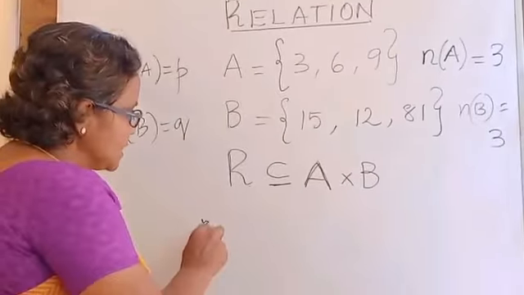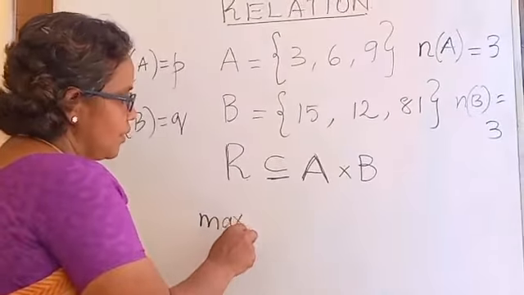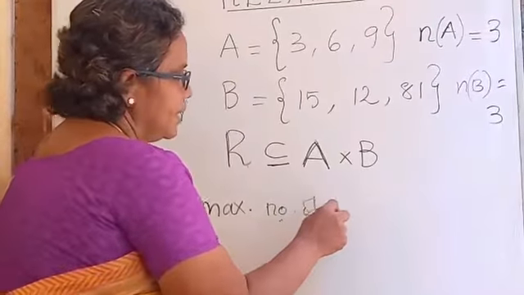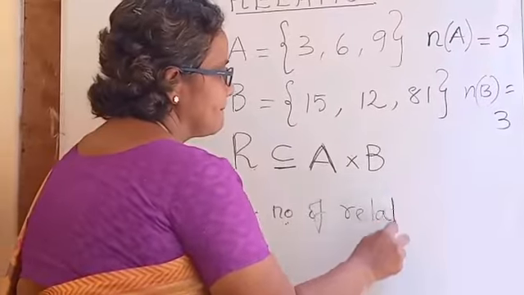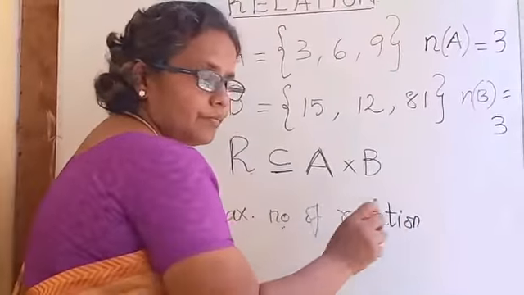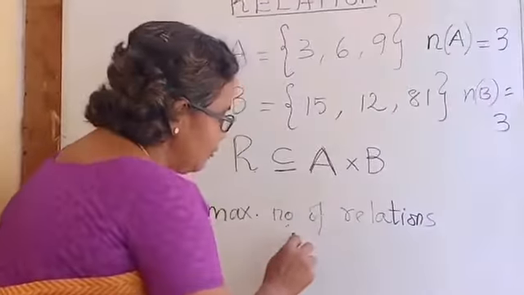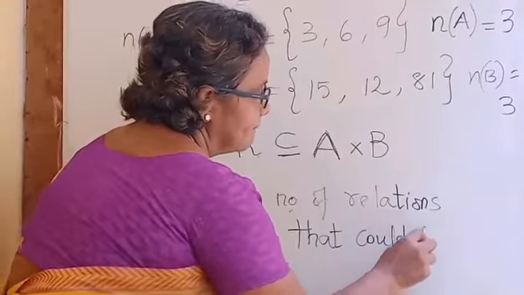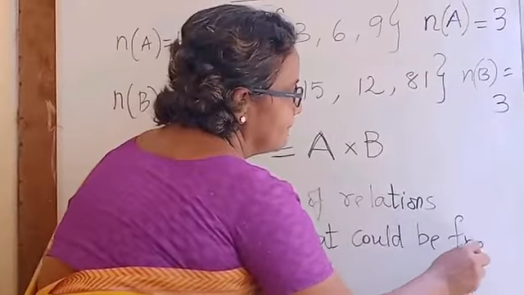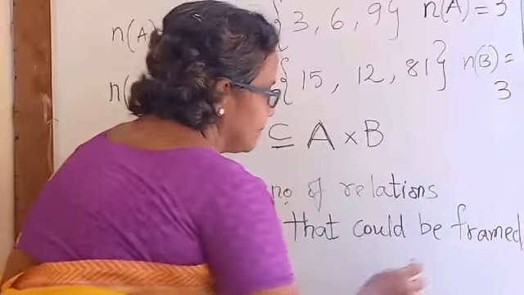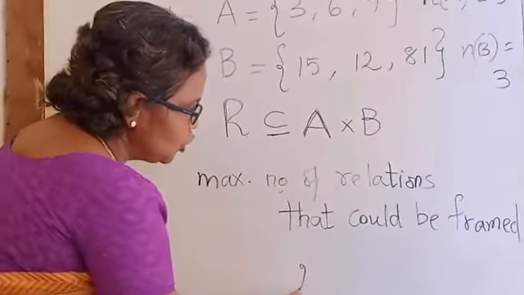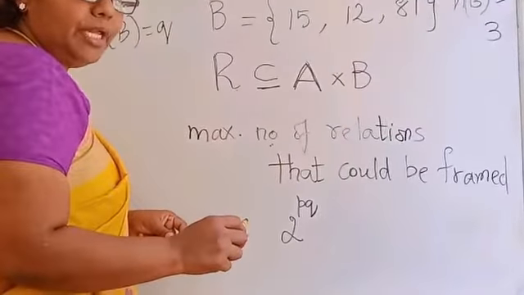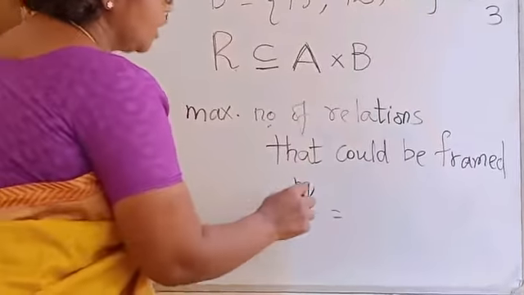So, the maximum number of relations that could be framed is equal to 2 to the power of P into Q. So here what is P?